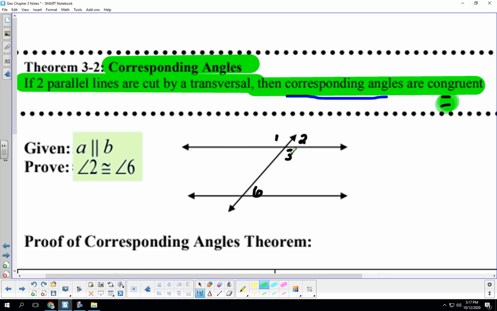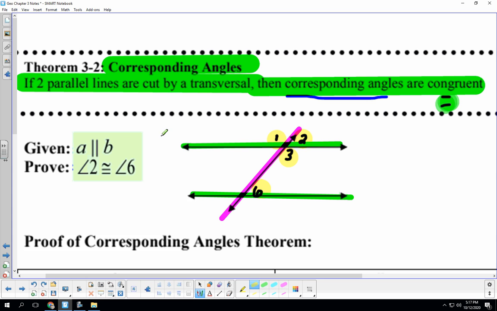So go ahead and draw this. We have our parallel lines, and we have our transversal, and then we have angles 1, 2, 3, and 6 as our angles of focus.